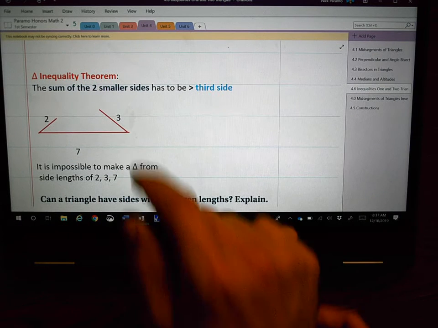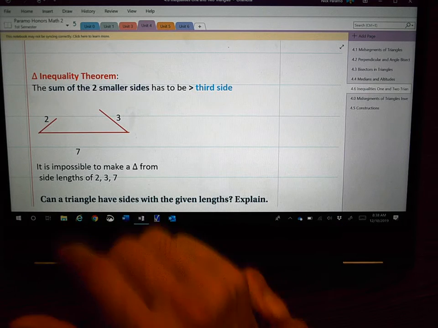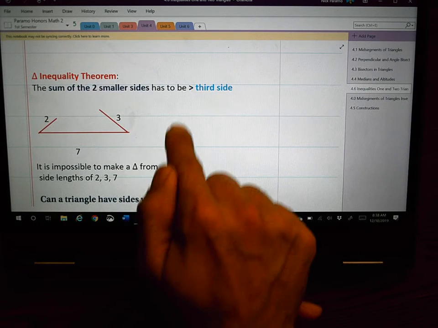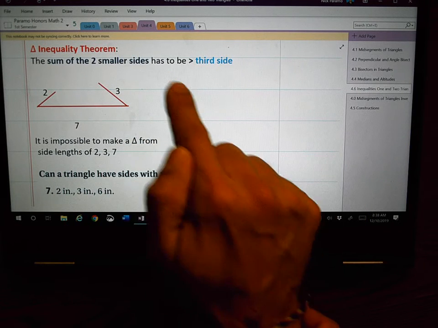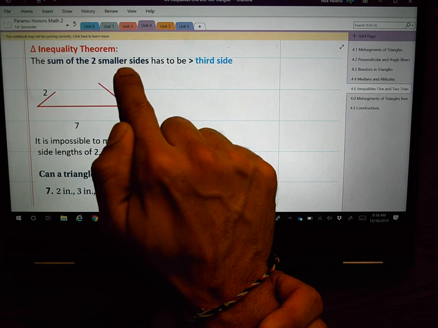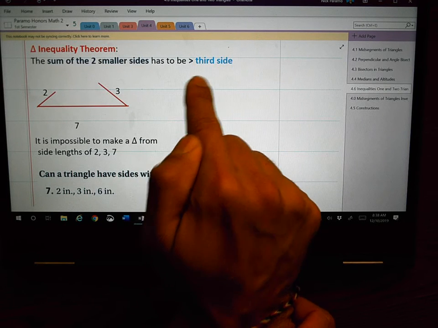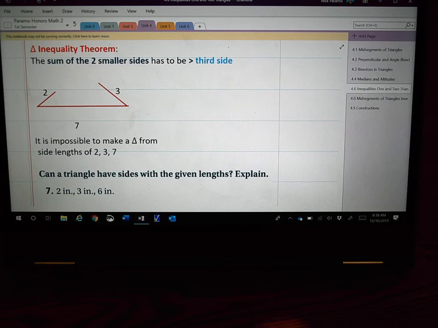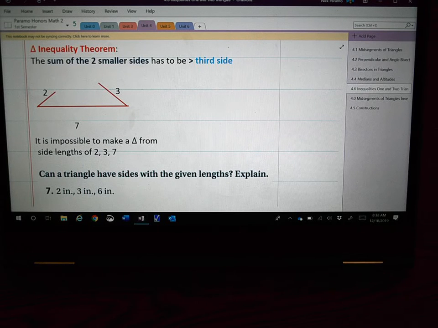We also talked about how you can tell whether you can make a triangle or you cannot make a triangle. Remember that if you had a 2, a 3, and a 7, you can't make a triangle from that because the two smaller sides, when you add them together, need to be greater than that third side. That was called the triangle inequality theorem. And so we use inequalities to know what the longest side is and the shortest side.